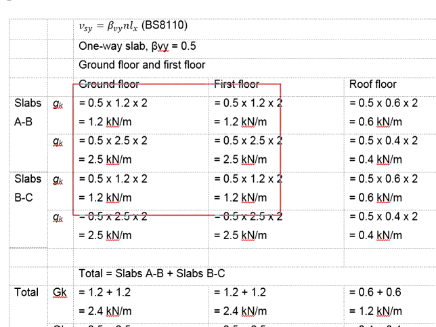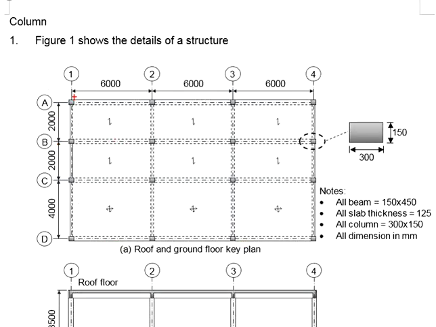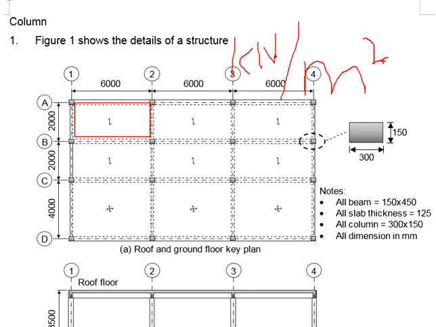Now we need to calculate the UDL. Taking the slab of the ground floor, slab AB, which is this slab. In order to get the UDL acting onto the beam here, you will need the GK and QK, which is represented in kilonewton per meter square in square areas.